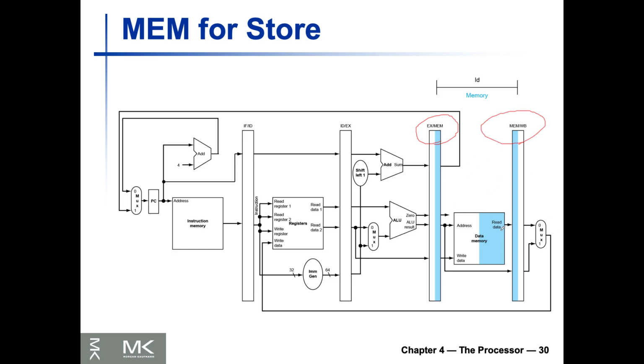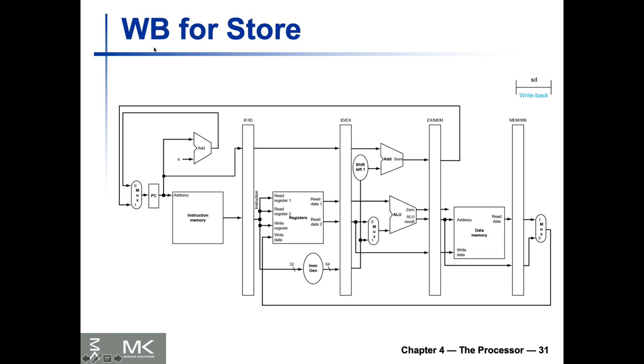At this point, nothing is changed for the store operation. Once data are written into the memory, there's nothing left actually to store. So for the last stage of the store, you don't do anything. That's why in write back, you do nothing.